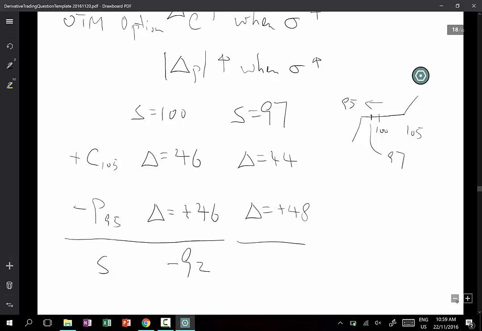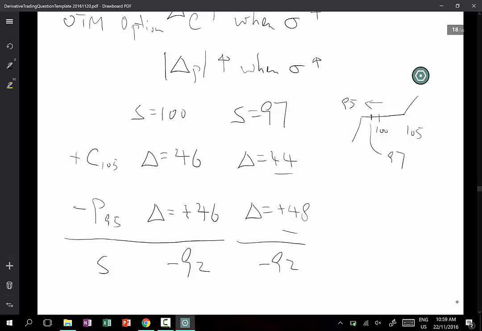Now your hedge hasn't changed, it's still minus 42. So it looks like my hedge is still valid, because when you add 44 and 48, one delta has gone up, the other delta has gone down.